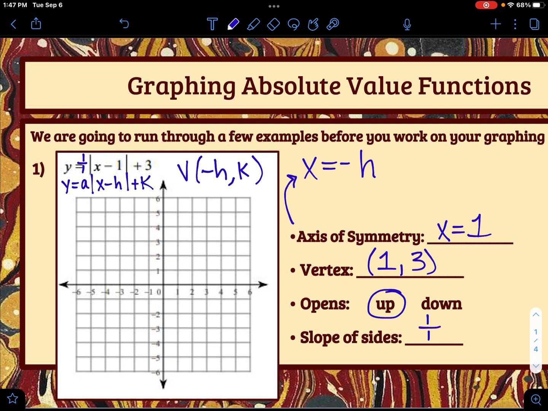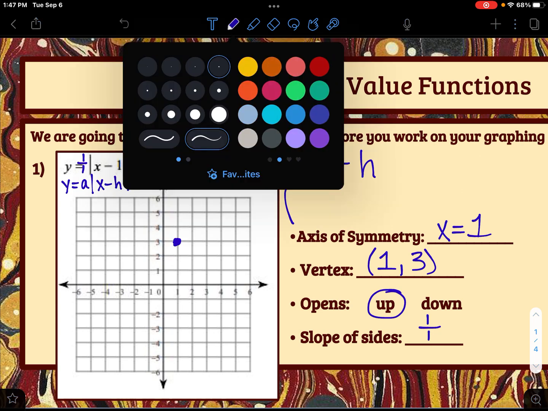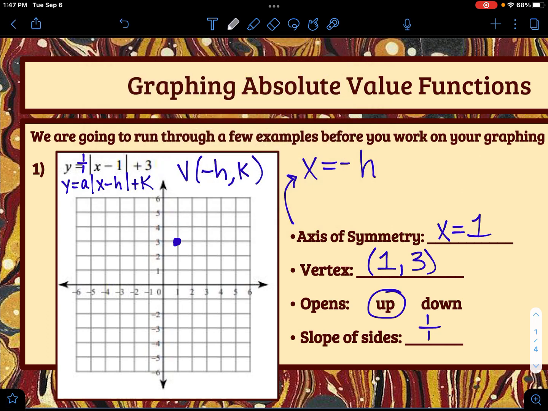All right. So the first thing we do is plot our vertex. So I'm going to start at 0, 0. I'm going to go over 1 and up 1, 2, 3. And then from there, the next thing I'm going to do is lightly draw in my axis of symmetry. That's too light.